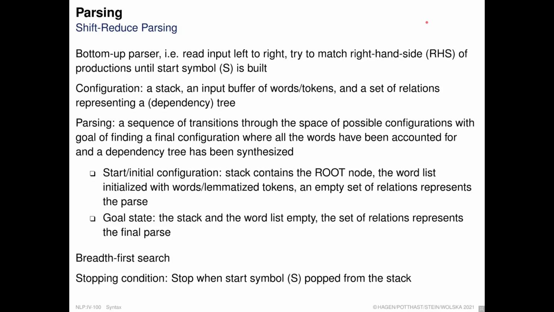For each right-hand side, we will substitute what's on the left-hand side, so that in the end we'll end up with the start symbol, which is the final symbol on the left of some rule.